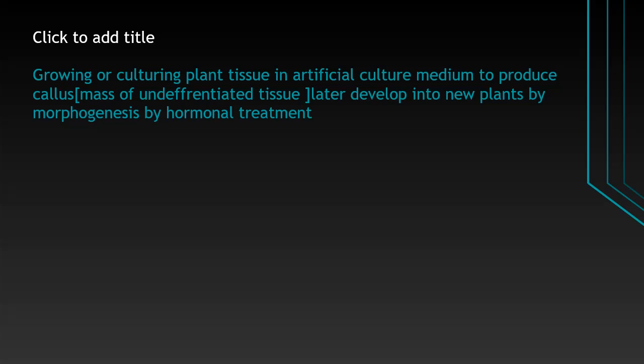So tissue culture is nothing but growing a tissue in an artificial medium rather than the normal environment, which later gives rise to new plants. We just do a hormonal treatment and make it undergo morphogenesis and all. So we are growing a plant tissue in an artificial medium rather than the physical environment.